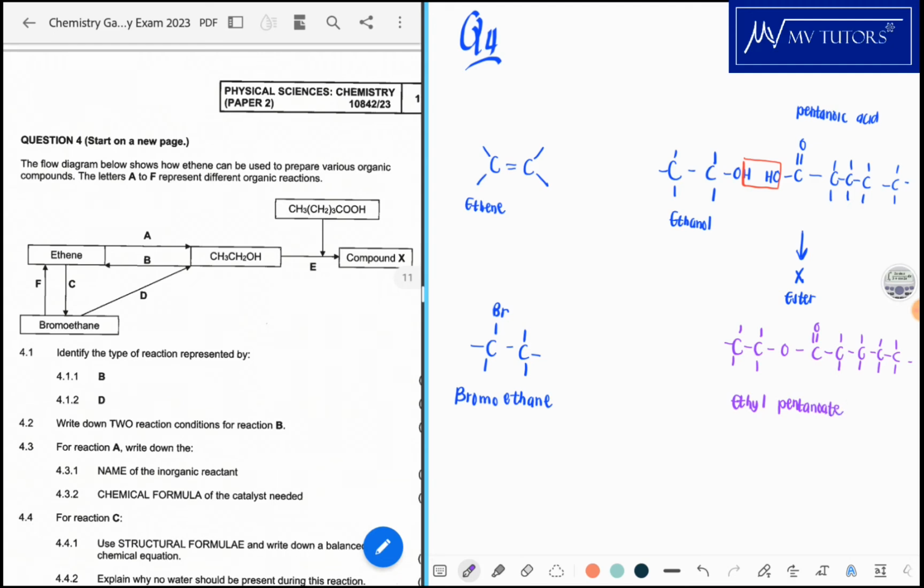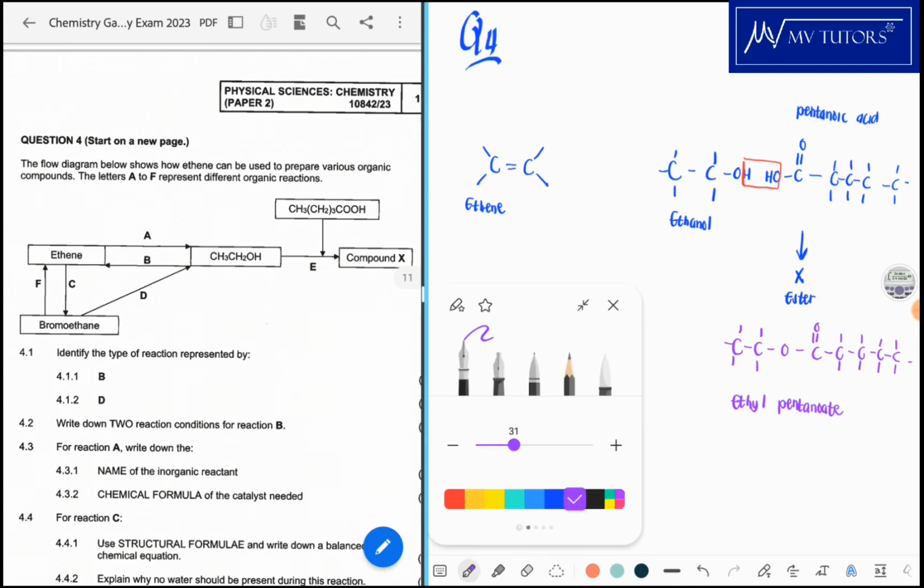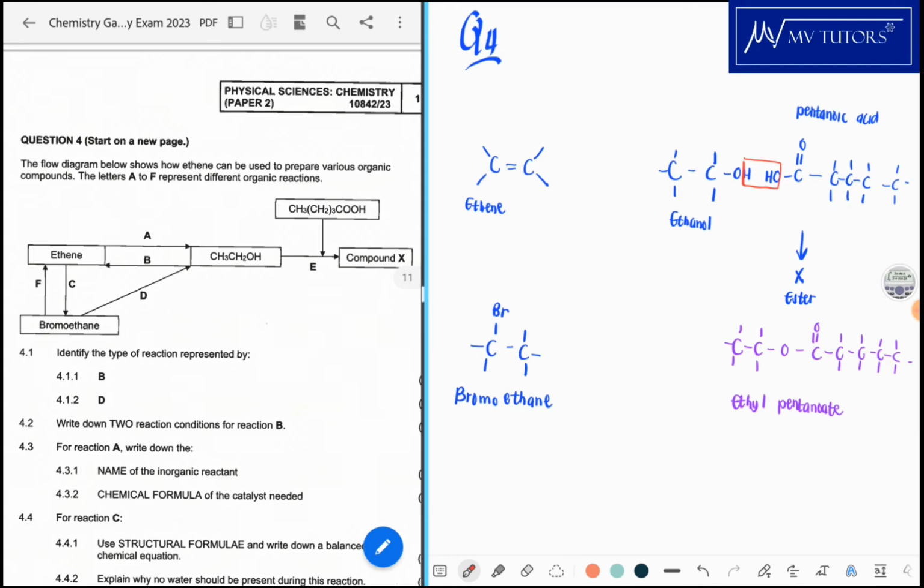Okay, so we've named the compounds. All right, now let's look at the reactions. So when we go from bromoethane, okay, that is a haloalkane.